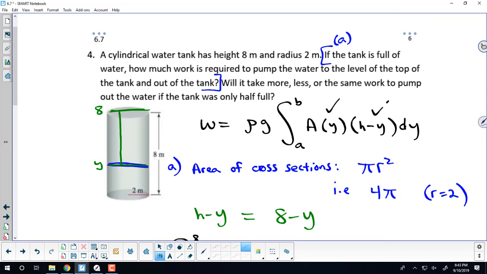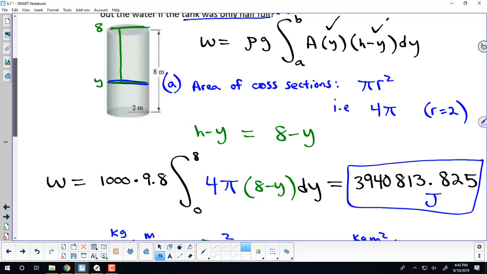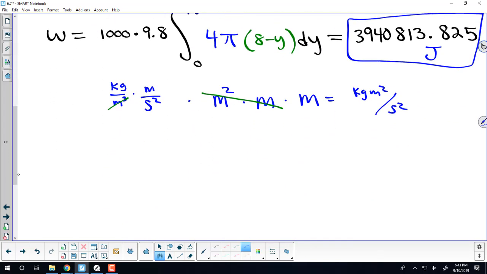So here's part B. Will it take more or less or the same work to pump the water out if the tank was only half full? We'll call that part B. Really it's just a matter of setting that up, computing the integral, and comparing the answers. So if the tank is half full, our water level's up to 4.